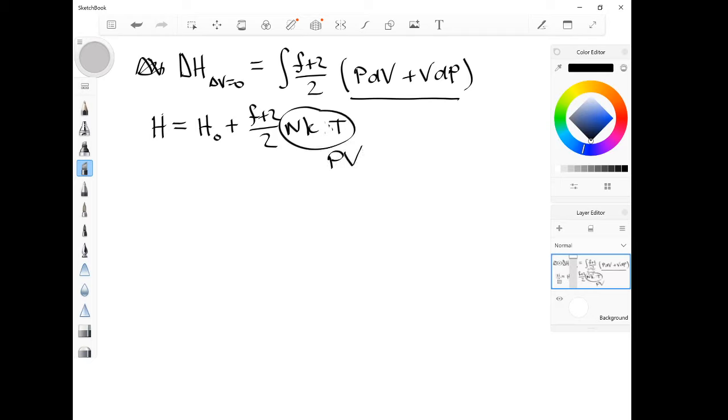And so if you take the total derivative dH, you'll end up with (f plus 2) on 2 times PdV plus VdP.